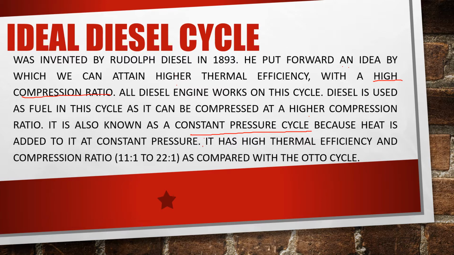We have a high thermal efficiency with a corresponding compression ratio between 11 to 1 and 22 to 1, compared to the Otto cycle that only has 6 to 1 to 12 to 1. So a high compression ratio means high thermal efficiency.